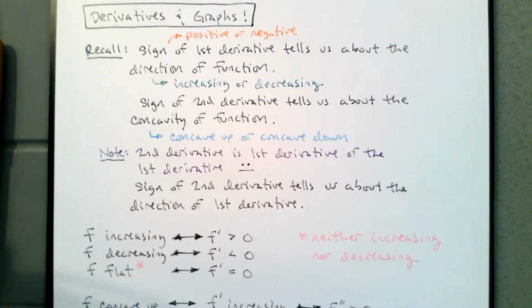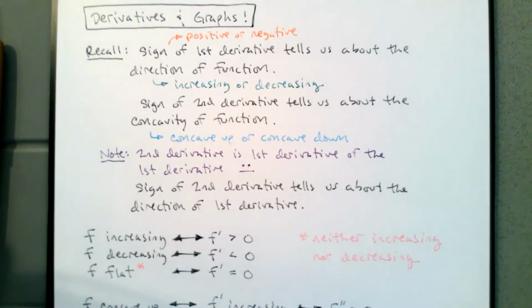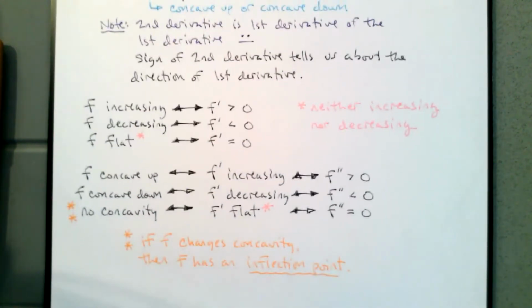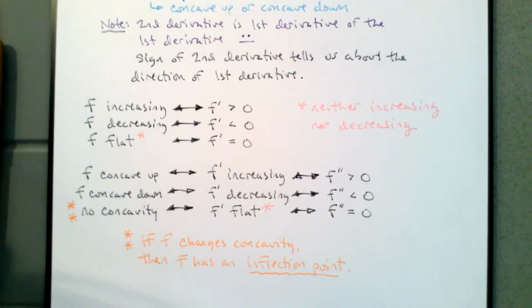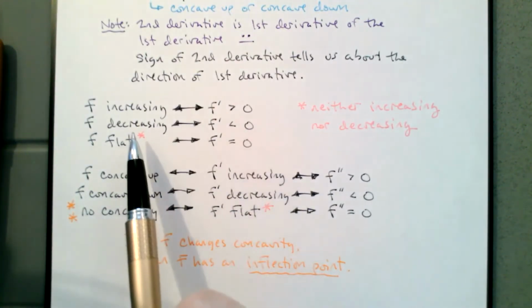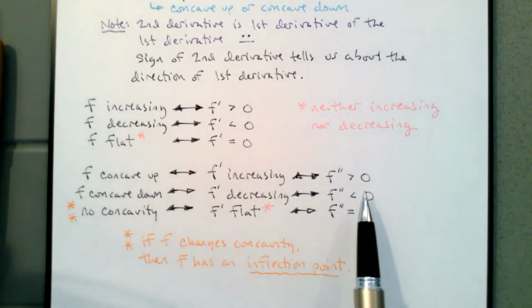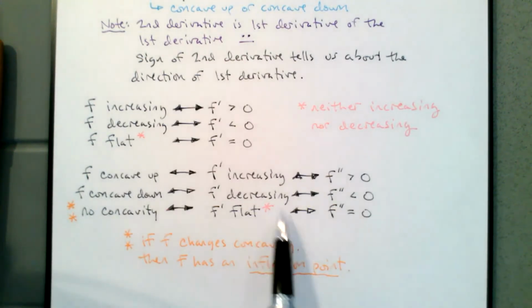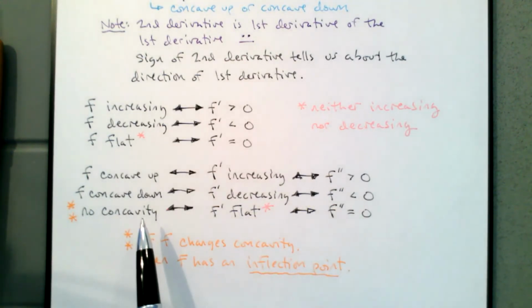So here are some sentences that will help us remember the connection between sign, direction, and concavity for the function, first derivative and second derivative. Here's a chart telling us about relationships between the sign of the derivative and the direction of the function, the sign of the second derivative, the direction of the first derivative, and the concavity of the function.